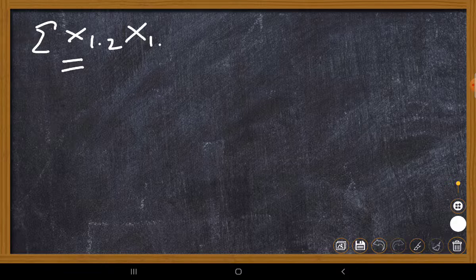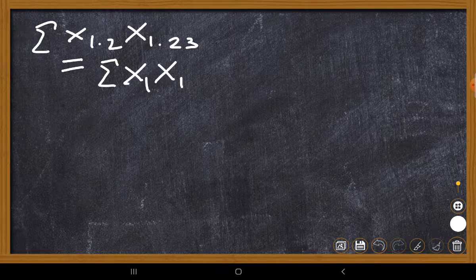The summation of x1.2 into x1.23 will be equal to summation x1 x1.23 minus b12, which is a constant and comes out of the summation sign, then summation x2 x1.23.